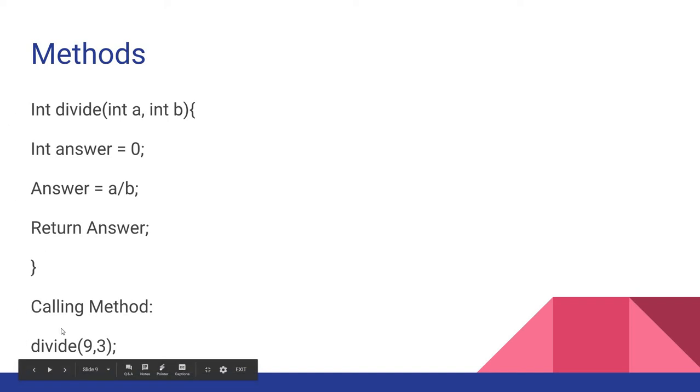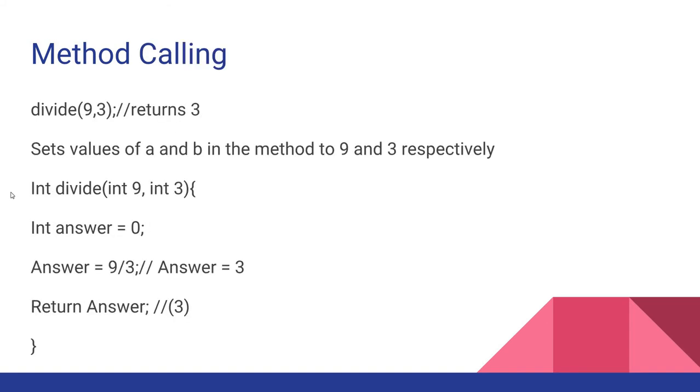So to call a method, you write the name of the method, then two brackets with the values that you're going to pass in as the arguments. So for this method divide, which is going to divide the first argument by the second argument and return it, if we call it with the values 9 and 3, it should divide 9 by 3.